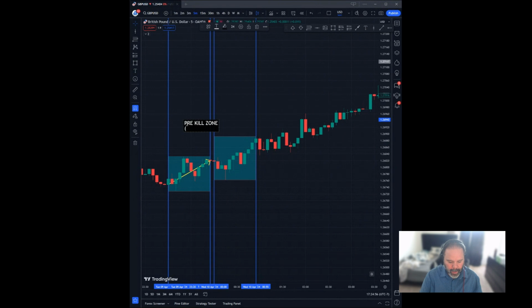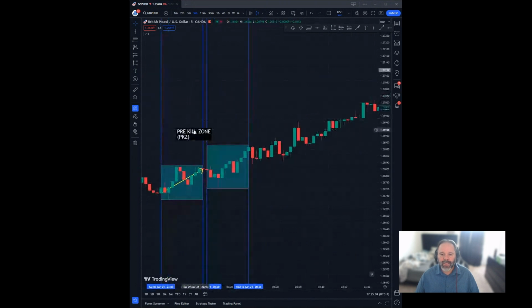Sometimes you're going to see it like that, so now you know what it is. So this is the zone for pre-kill zone. All this is being recorded, and you will have this recorded by tomorrow, the latest. More likely tonight. And this is the kill zone.